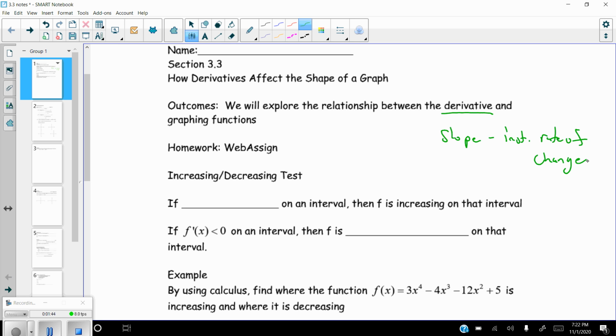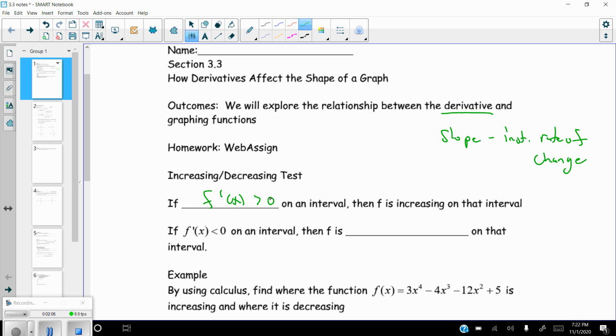Okay, let's talk about what's called the increasing/decreasing test. If f prime, which is your derivative of x, is greater than 0 on an interval, then f is increasing on that interval. Let's stop right there before we even go to the second sentence.